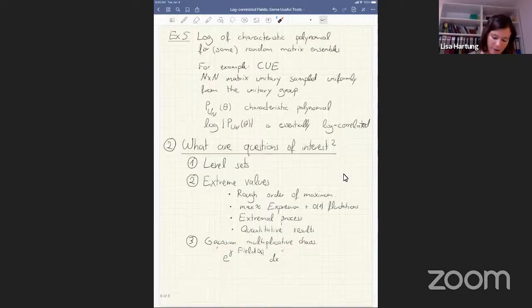I can ask, first of all, if I take the size parameter to infinity, does this object converge when properly normalized?